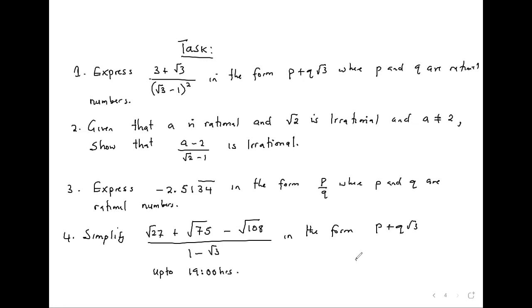So 9, that's not a big number. So I expect to receive 9 messages on WhatsApp by 19 hours. 1, 2, 3, 4. These are very, very easy questions. So let's start doing them right away. And at 19 hours, we'll rejoin so that where I'll see issues, I'll comment.